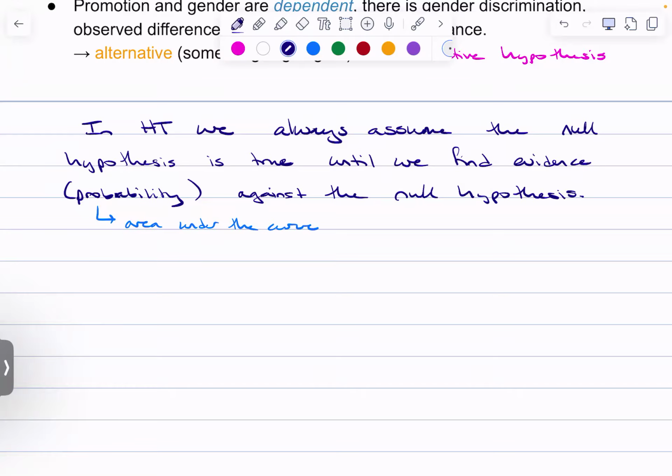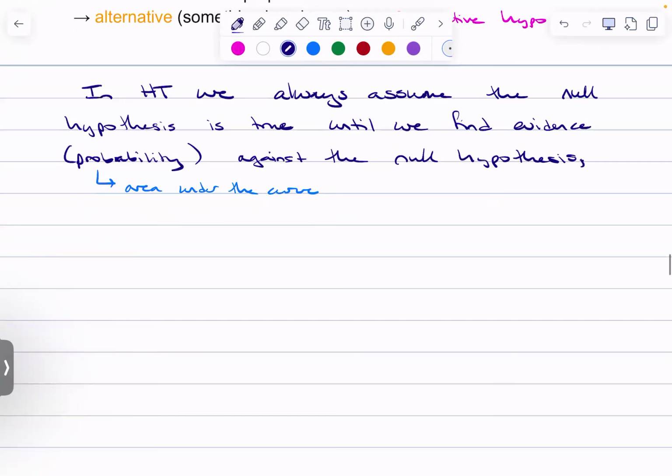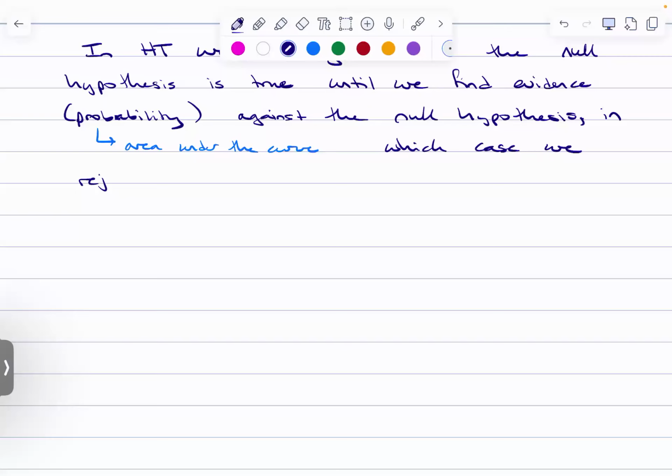In which case we reject the null hypothesis in favor of the alternative hypothesis. It's going to be the longest run-on sentence you've ever seen.